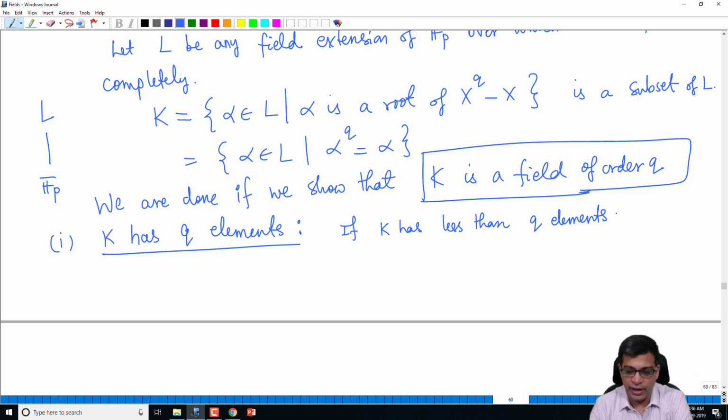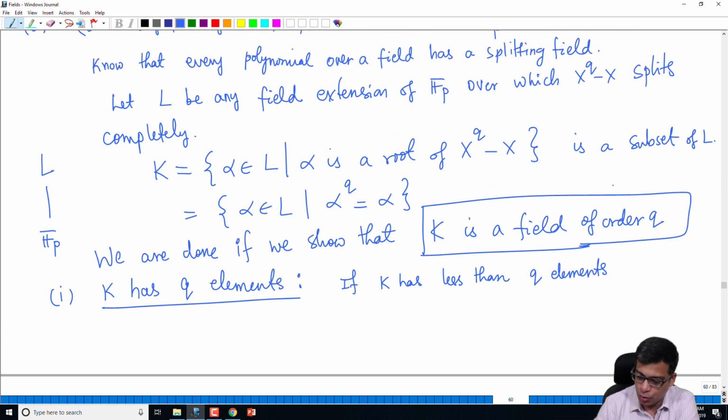Remember K is the collection of roots of x power q minus x. It's an exercise that there are at most q of such elements. But in general it can be less than q. So maybe I will do this as an exercise later. The order of K is less than or equal to q. We know this.